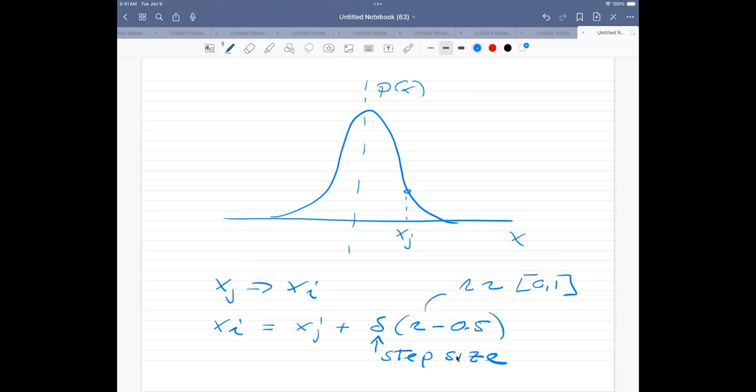I don't want only positive values, because then I would just stay here. So this allows me to make a jump. But I need to tune this so that I don't end up jumping here or here many times, because then when I'm integrating, I would just include lots of zeros, and you want to avoid that.